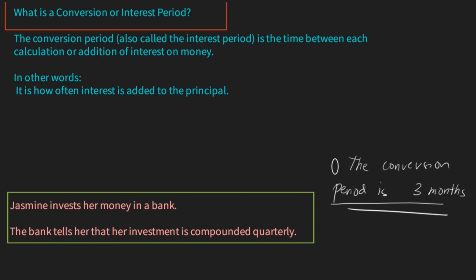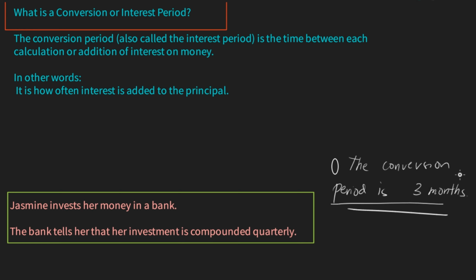Because you are going to pay every 3 months. If we have January to December, you are going to pay in March, June, September, and December. So you are going to pay 4 times, because the interest will be added to the principal every 3 months. So in a year, the interest will be added 4 times.